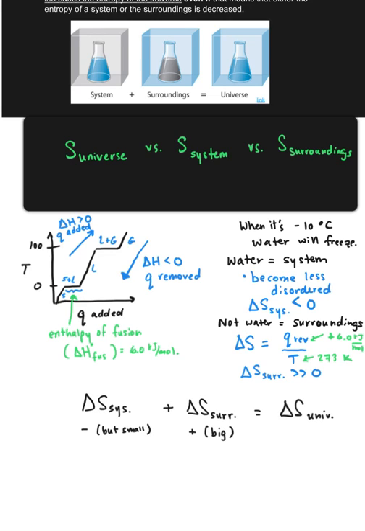In total, because this is a small negative number and this is a big positive number, the entropy of the universe is positive. And from the perspective of the universe, this is great.